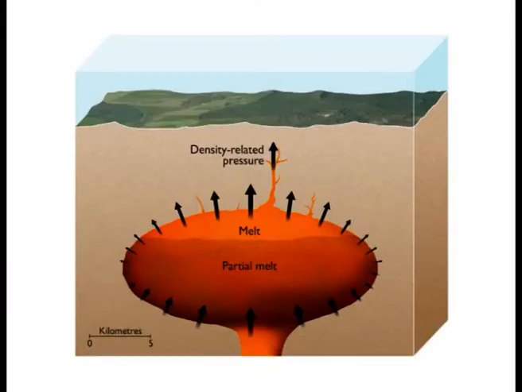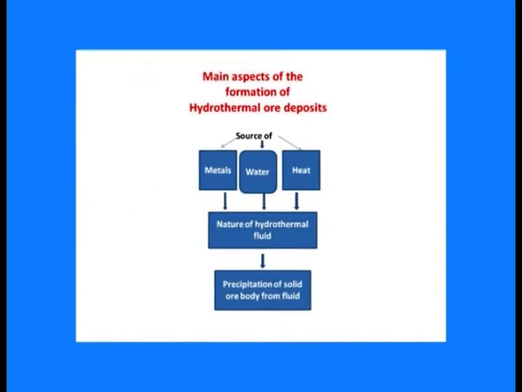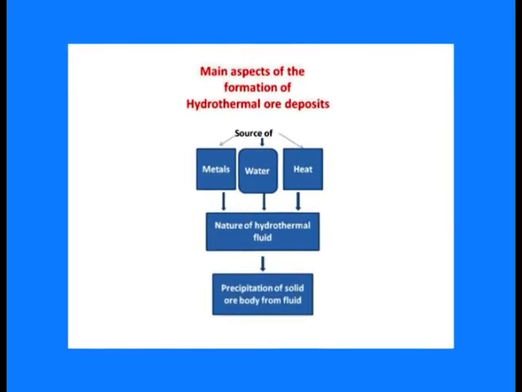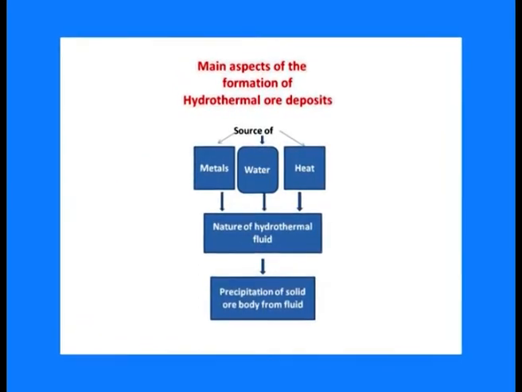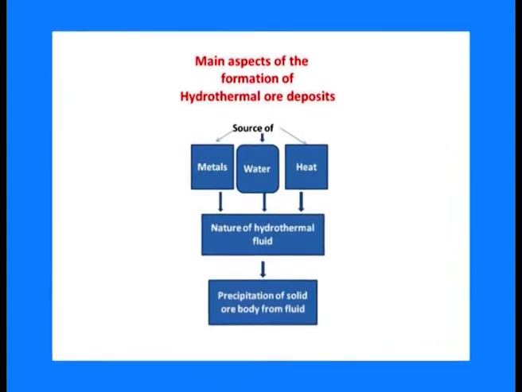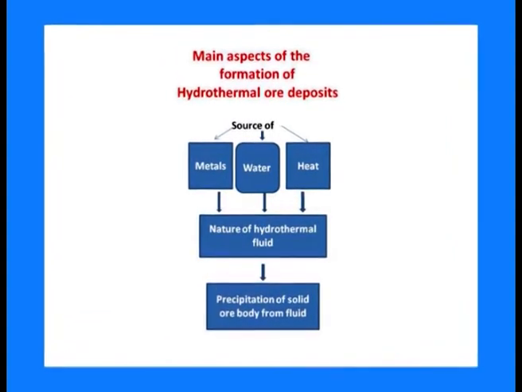Source of heat and the driving force undoubtedly is the magma chamber. Metals could be either from the magma or the remobilized metal contents of the rocks in the surrounding.